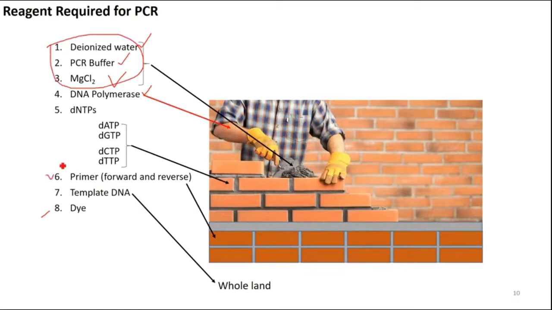And the primer provides the starting and the end point for the extension of a PCR. This is somewhat similar to the base that is built before building a wall. And the template DNA is the whole land that cannot be amplified until the primers are provided. And dyes, some PCRs require the dye as an extra thing, but the rest are the essential elements for the PCR.